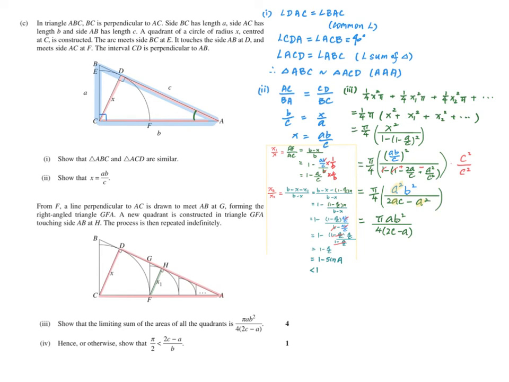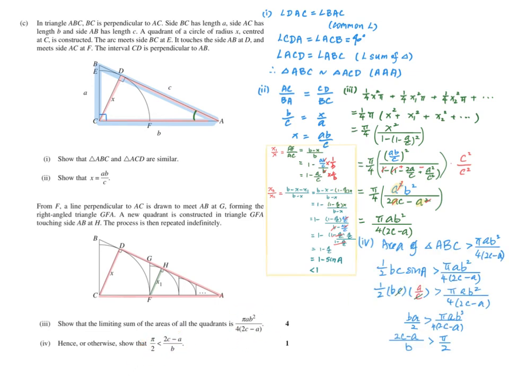As we can see, we have a in both the numerator and the denominator. Take out the a from the denominator as a common factor and cancel it out from the numerator, since we have a squared in the numerator. So after canceling out, it becomes a. The denominator changes to 2c minus a. This is the format required by the question.